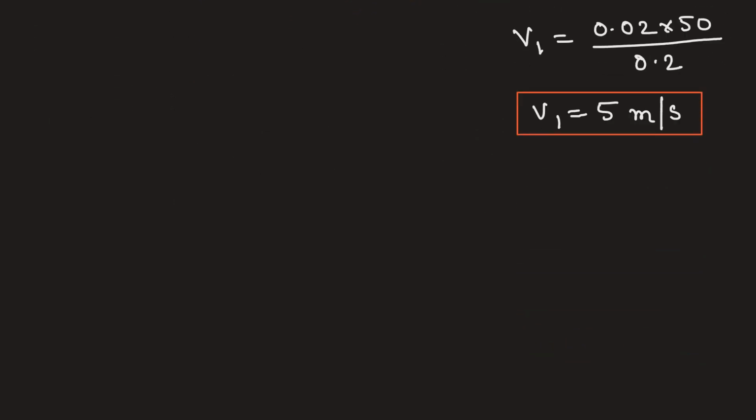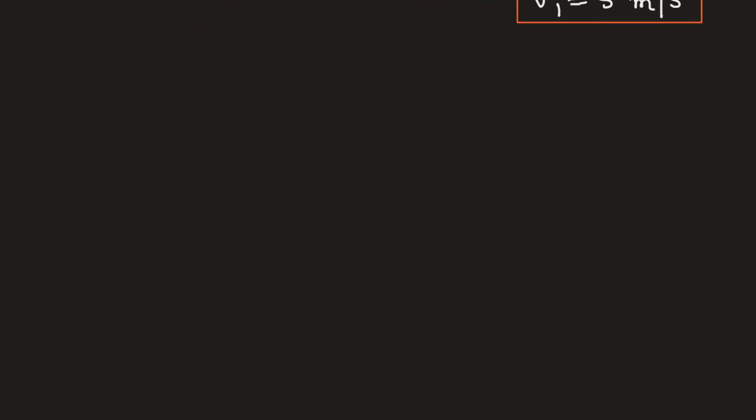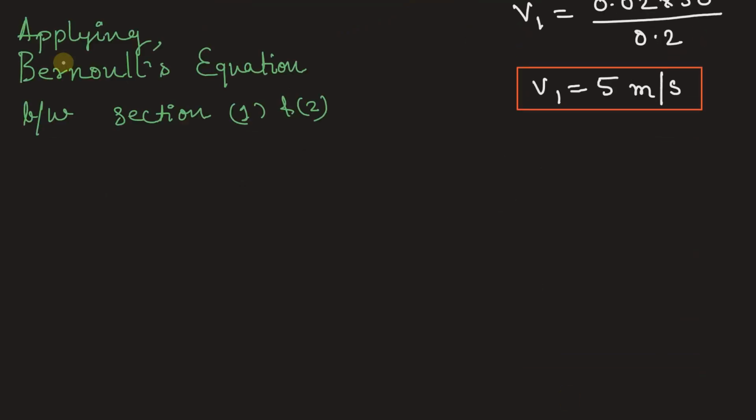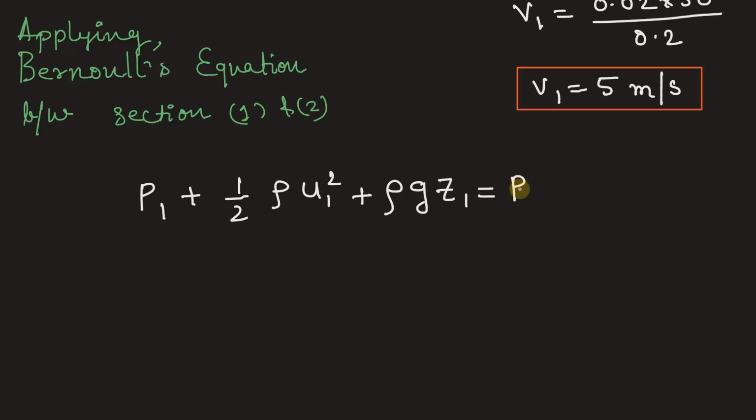Now applying the Bernoulli equation that was just derived before, applying Bernoulli's equation between section 1 and 2, we can write pressure at section 1 plus half rho U1 square plus rho g Z1 will be equal to pressure at section 2 plus half rho U2 square plus rho g Z2.